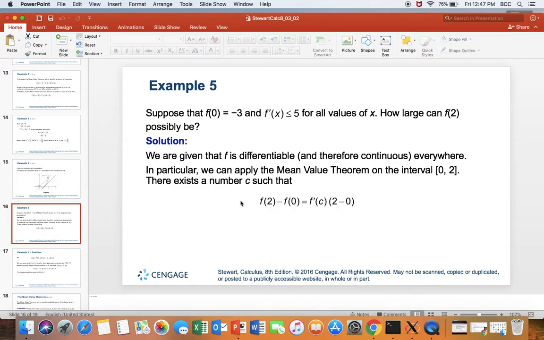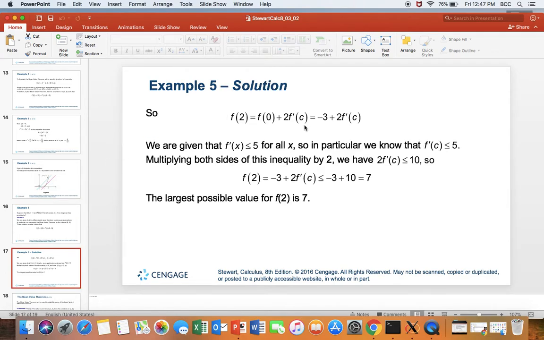So there must be a number c between 0 and 2 where the derivative satisfies this formula: f(2) minus f(0) equals 2 times f'(c). What do we know about f'(c)? Well, all derivatives are less than or equal to 5. So f'(c) has to be less than or equal to 5 also.